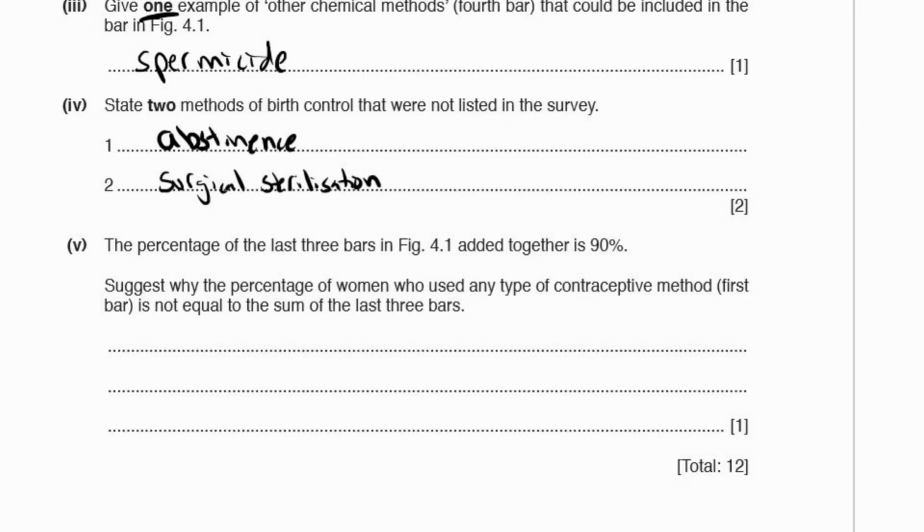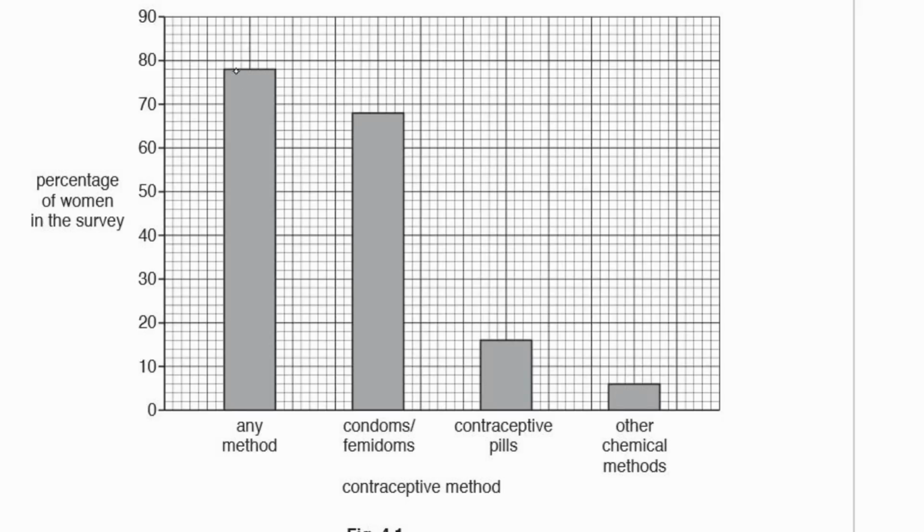5. The percentage of the last 3 bars in figure 4.1 added together is 90%. Suggest why the percentage of women who used any type of contraceptive method, the first bar, is not equal to the sum of the last 3 bars. So the first bar says that about 78% of women used some form of contraceptive method.